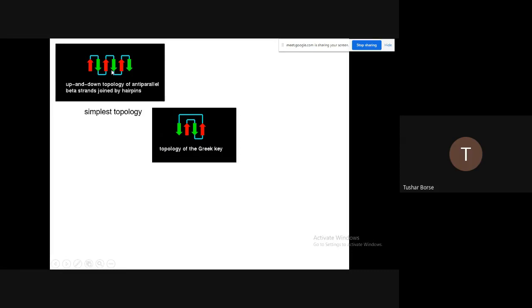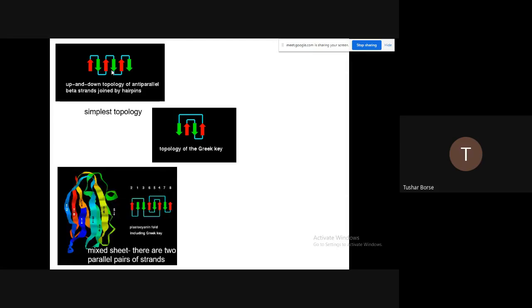Now within the Greek key topology, what is happening? See here, if I'm changing the sequence, look, I have given numbers here, now this is 1 2 3 4 5 6. If I give it a sequential numbering, it is in a sequence 1 2 3 4 5 6. But here in this case, in the example of plastocyanin, which is forming a Greek key topology type of protein, see the sequence has changed.